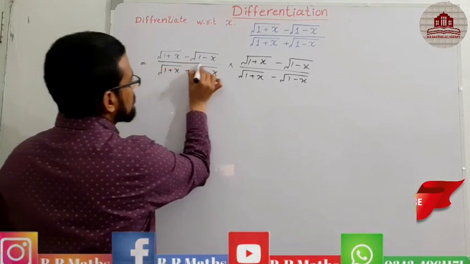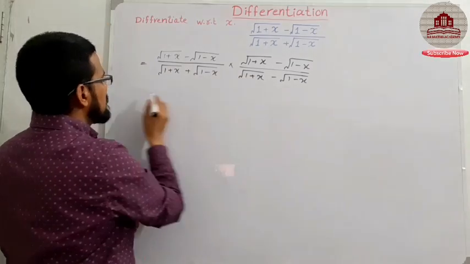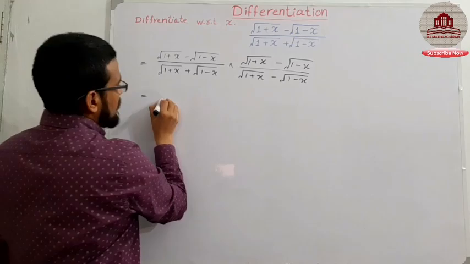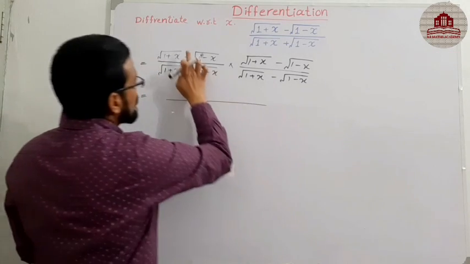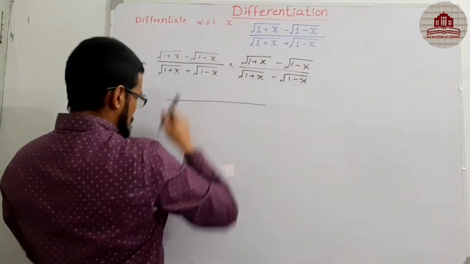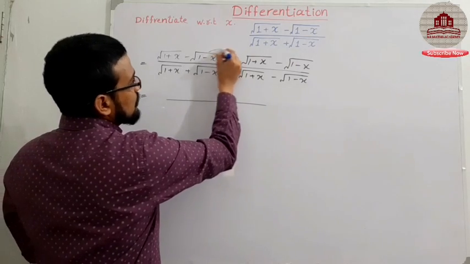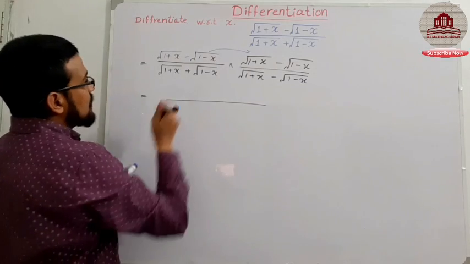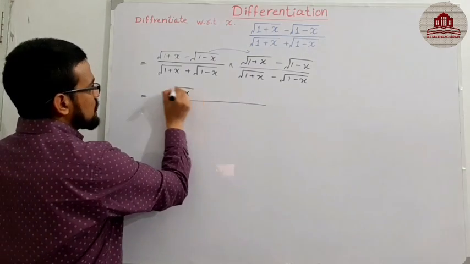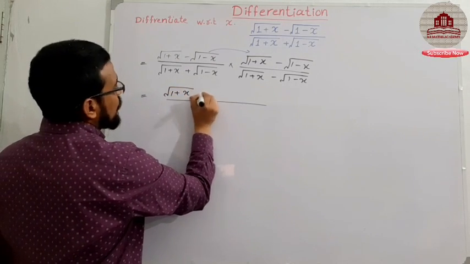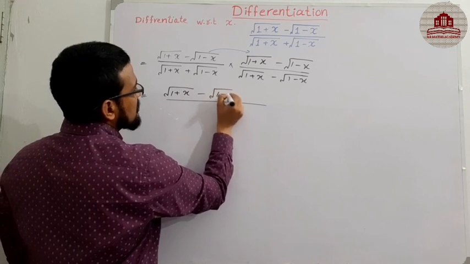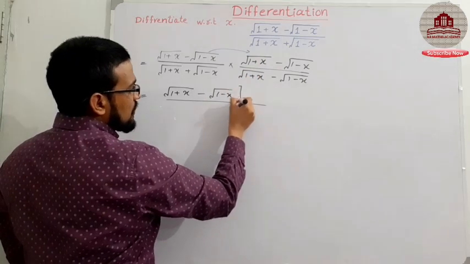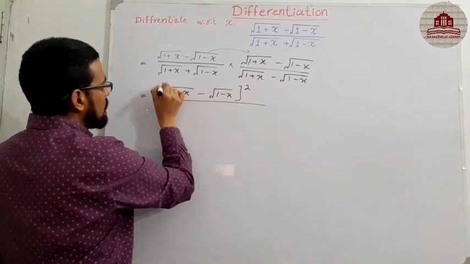Okay students, then multiply numerator with numerator, denominator with denominator. In the numerator both terms are the same, so it means square root of 1 plus x minus square root of 1 minus x, whole square.